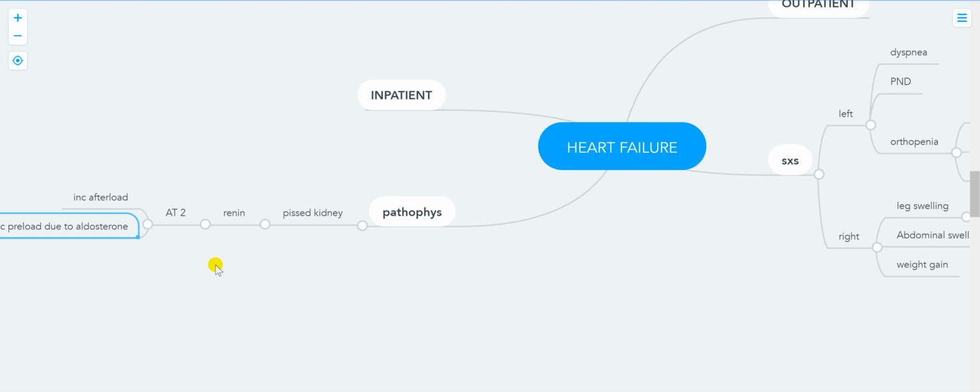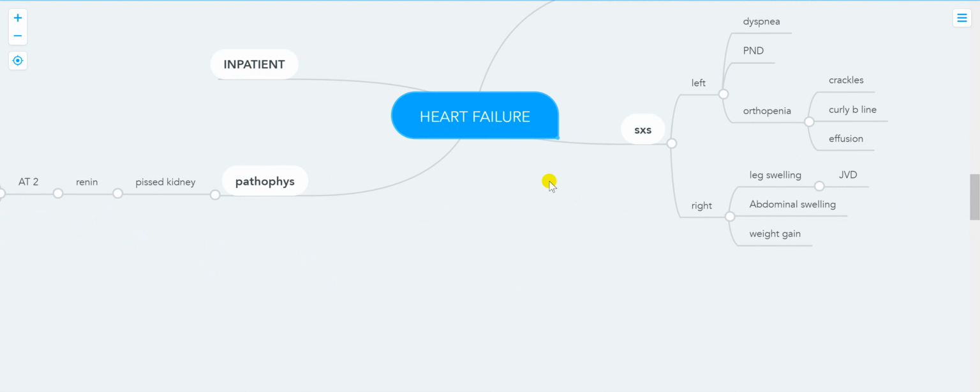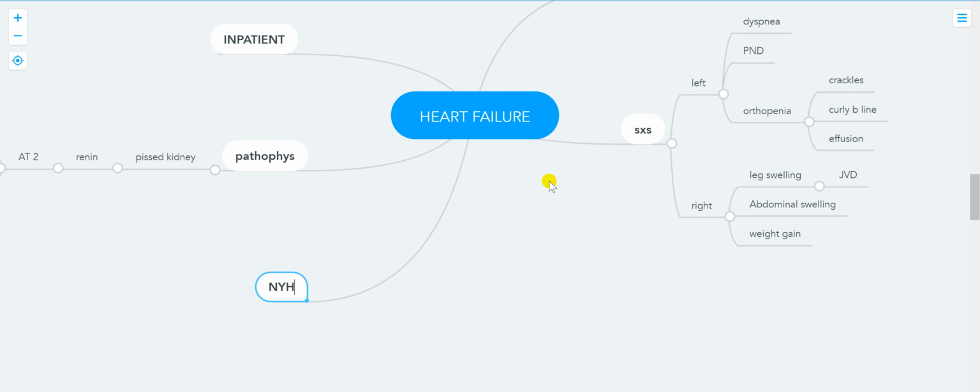Regarding management, it makes logical sense to work on this process, or to work on heart contractility. Heart failure has stages. We have the NYHA classification, and the management is different based on the classification. We have class 1, which is asymptomatic.